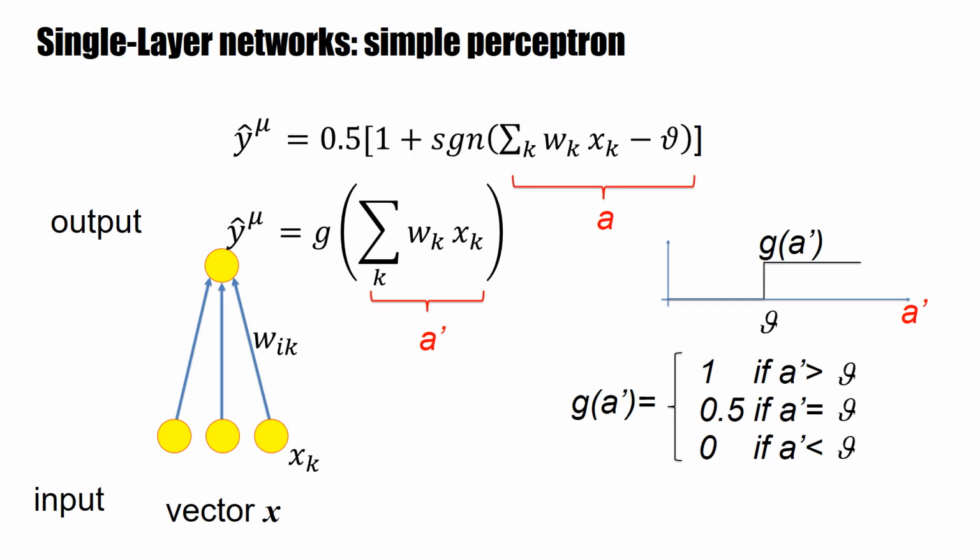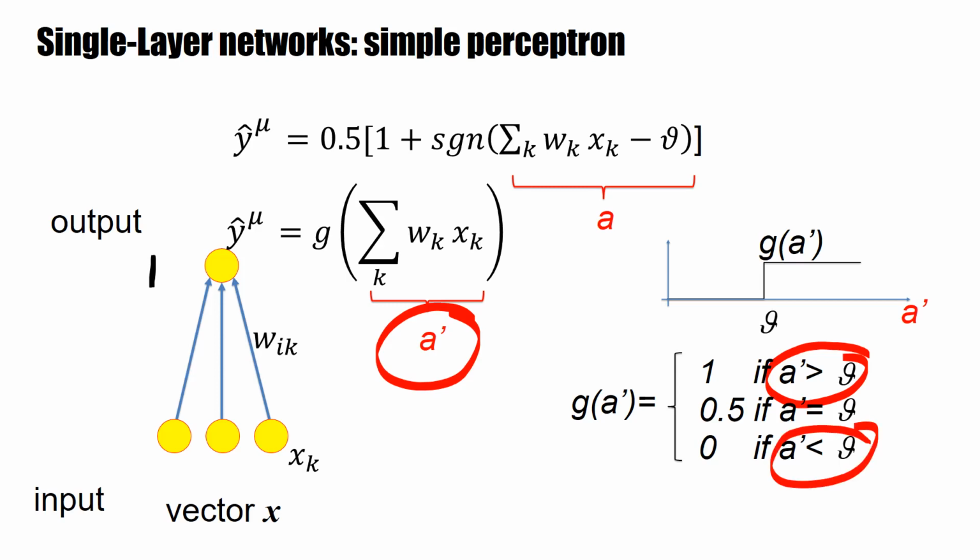So let me sum up. What we have seen is that we have a single perceptron consisting of a single neuron, and we use the summed input A prime, pass it through this nonlinearity, and this gives the output. Now it's convenient to think of these conditions A prime larger than theta, A prime smaller than theta, and implement it directly by saying, actually, I move the theta to the other side, and then this is a new variable.